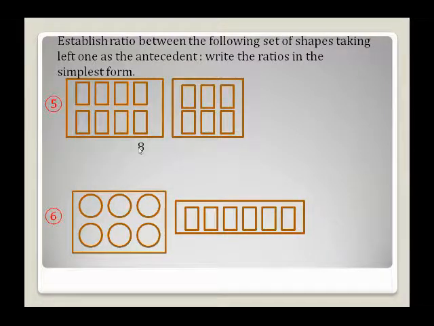So here we write 8 ratio 6. Then after simplification we write here 4 ratio 3. Okay, this is the final answer because no more simplification is possible here. Okay, now in question number 6, here we have the 6 circles and 6 rectangles in another box. So here we write 6 ratio 6. After simplification, we write 1 ratio 1.